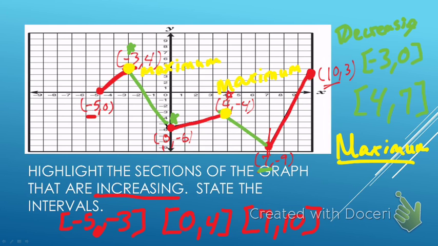And then I have one more maximum because I finished by going up the hill to 10, 3, and that would also be constituted as a maximum. Now, since these are specific locations, we do want to make sure we list the ordered pairs.